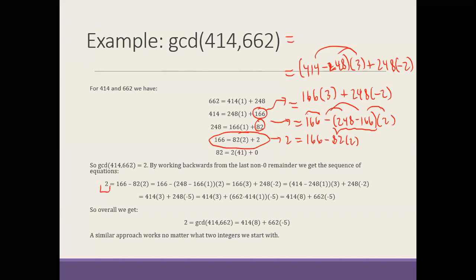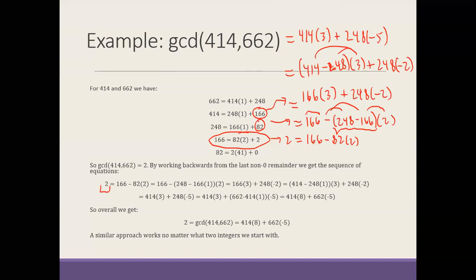How many 414s do I have? 414 times 3. Then -3 248s and then -2 248s is 248 times -5.